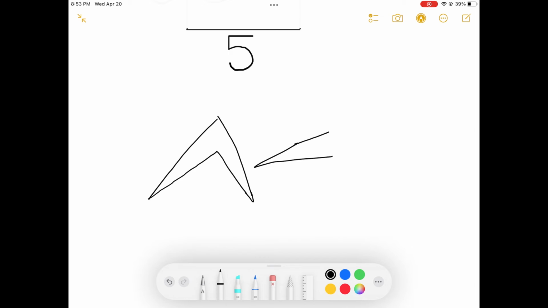There we have half of the arrow, right? So let's find the width times the length.